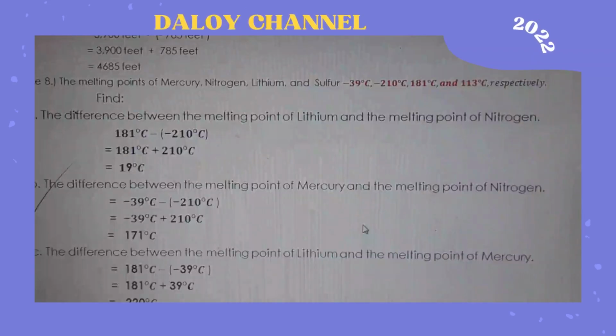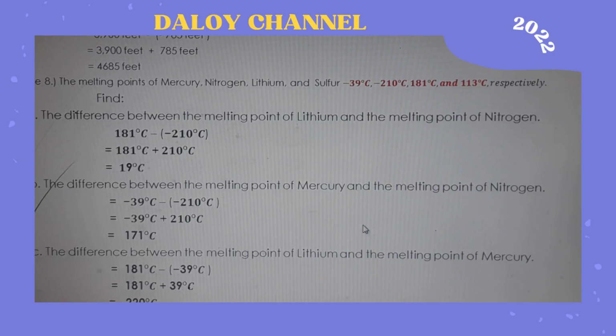9 degrees, negative 210 degrees Celsius, positive 181 degrees Celsius, and 113 degrees Celsius respectively. So you are required to find, in letter A, the difference between the melting point of lithium and the melting point of nitrogen.